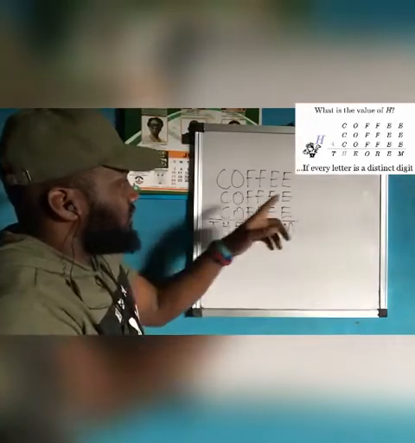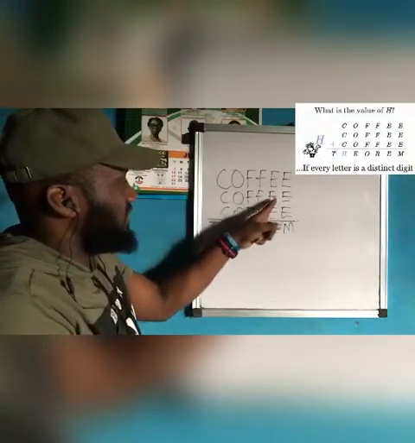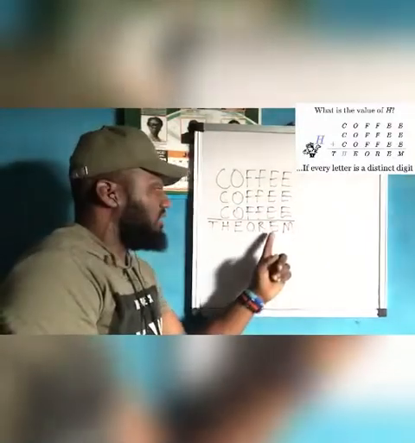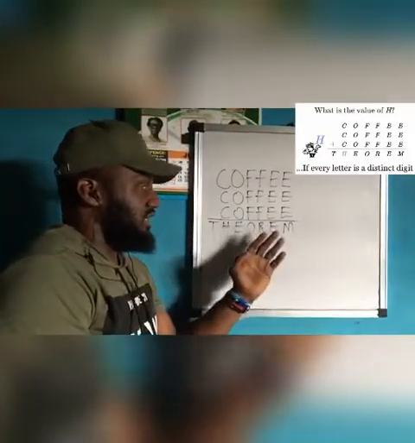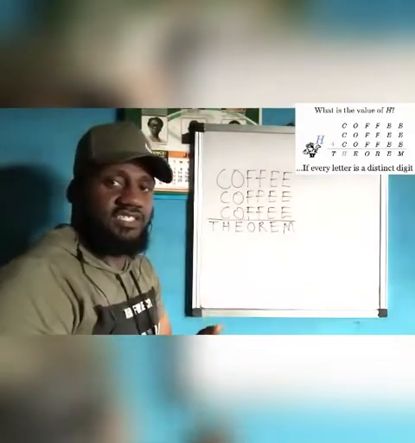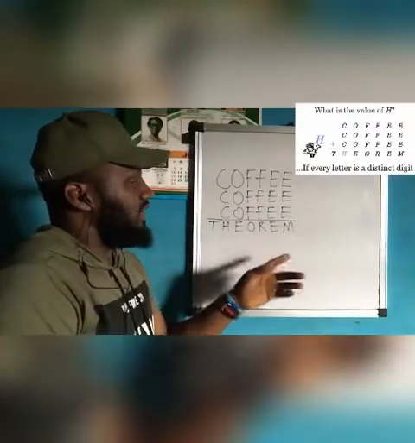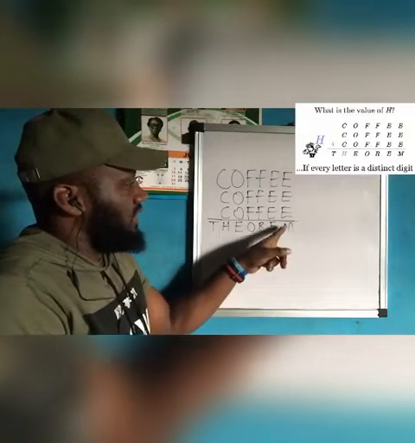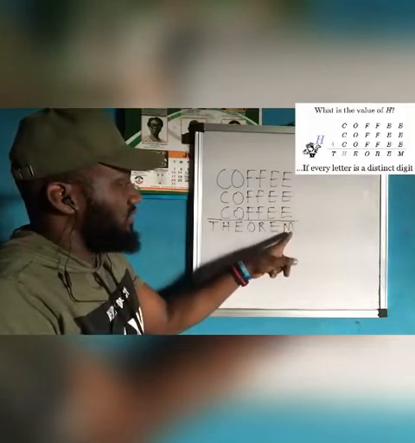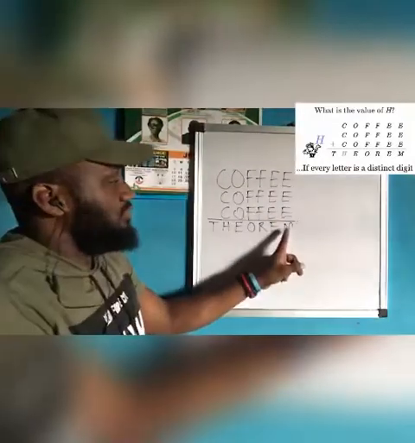So since we have E plus E plus E here, and we have the same E plus E plus E here, and we're having different digits because each of these letters represents a distinct digit. So we know definitely that this one has to be this plus this plus this, which is the same as this, plus whatever was taken up here from the results here.